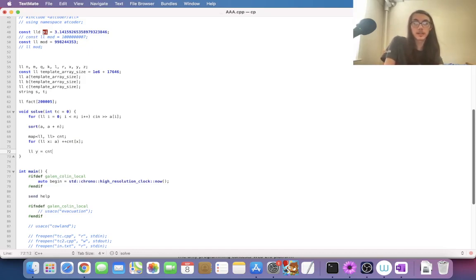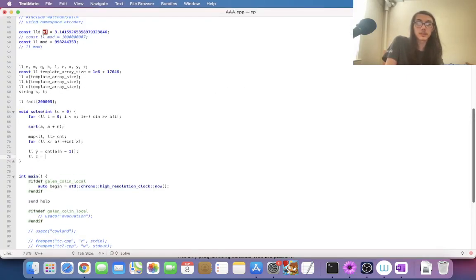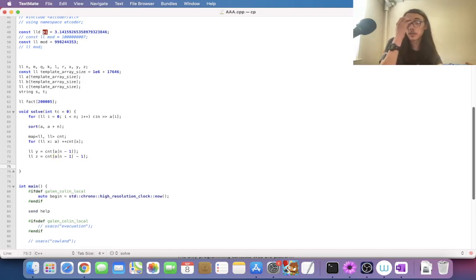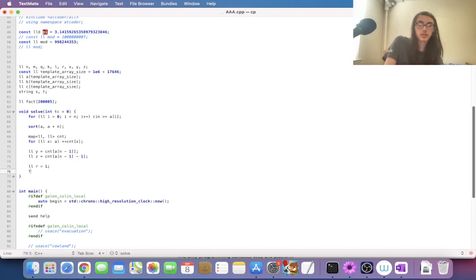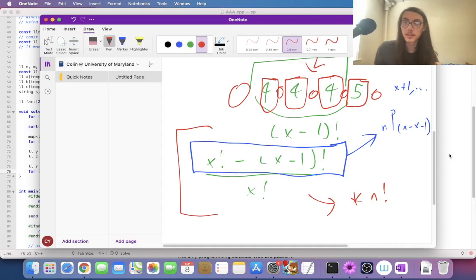So first thing is the count of the maximum number. Second thing is the count of the maximum number minus 1. So it's equal to fact... we're going to go from n to y plus z exclusive, which is this quantity, n minus x minus 1.